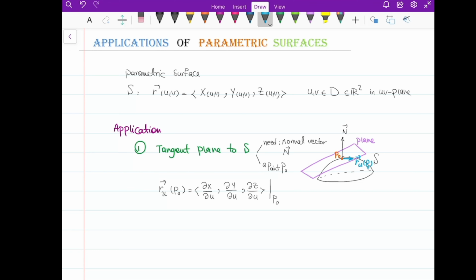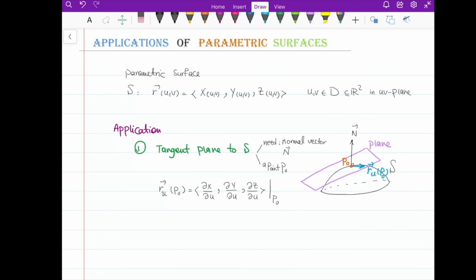Okay, let me just make my graph a little bigger so that it is more understandable. Very good. So this vector r_u is tangent to my surface at the point P0. Then I can differentiate the parametric equation with respect to the second parameter at the point P0.